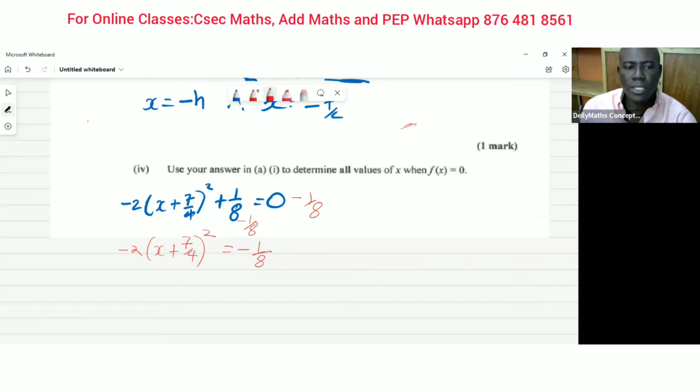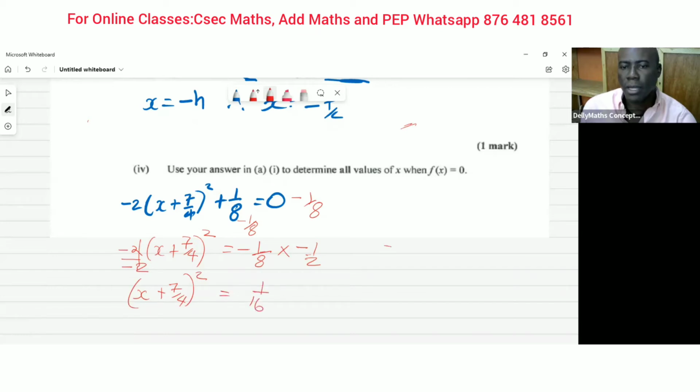What we're going to do now is to divide both sides by -2. If you divide by -2, it means to multiply by -0.5, right? To divide by -2 means to multiply by -0.5. So in this context, this would have canceled. I'm left with, on this side, (x + 7/4)², and this is equal to +1/16.